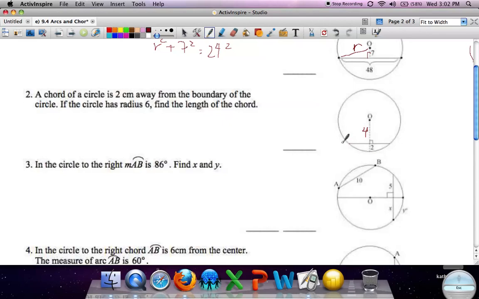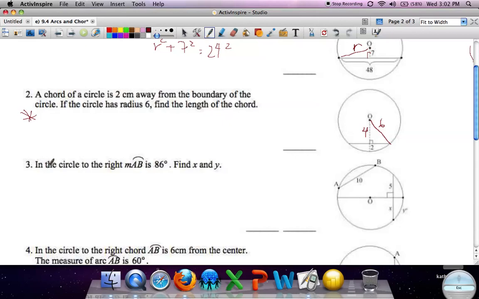Find the length of the chord. Okay, well, we have one radius drawn in, and when in doubt, draw in radii. So if I was to draw in this radius here, we're also told that this is also 6. So you can find the length of the chord here by finding half the length of the chord using Pythagorean and doubling it to get your answer. So why don't you finish number 2.